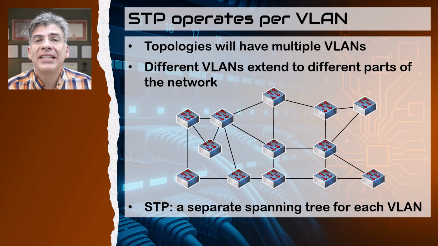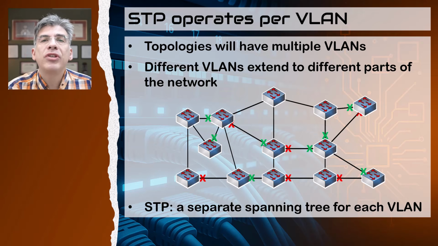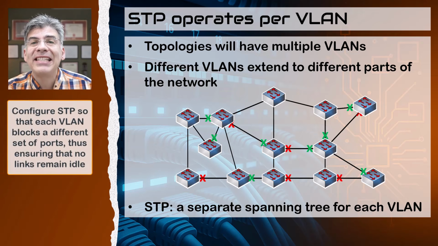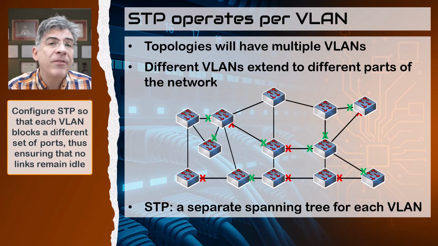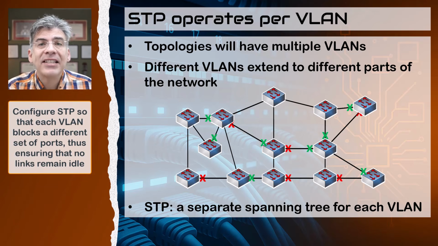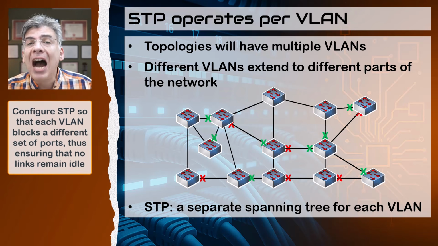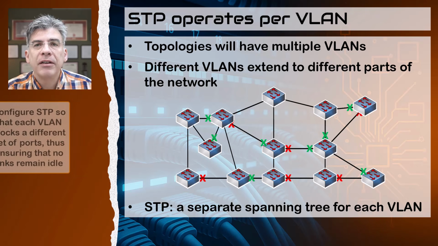So you may have VLAN 10 on this topology with these ports blocked, while VLAN 20 may have these ports blocked. And this introduces another best practice, which is to try to influence STP so that for some VLANs, one particular path is blocked, while for other VLANs, a different path is blocked. That way, links don't remain idle, but are used efficiently.